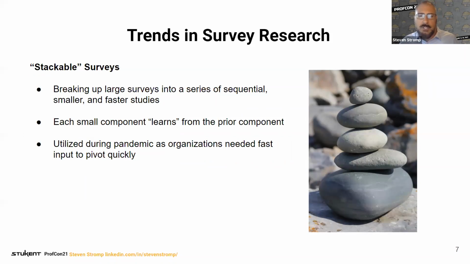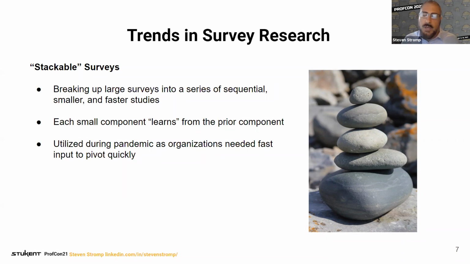So it's not as if the survey is pre-designed all the way through from the beginning. It's really learning as it goes, and you're designing the survey questions as you go through the process. In fact, each segment of the survey is being crafted after the prior segment's results are actually analyzed.